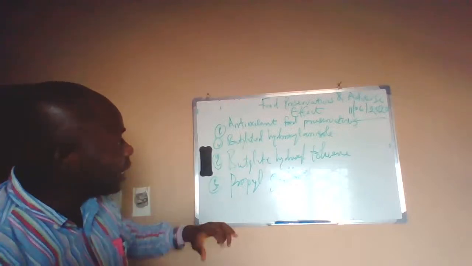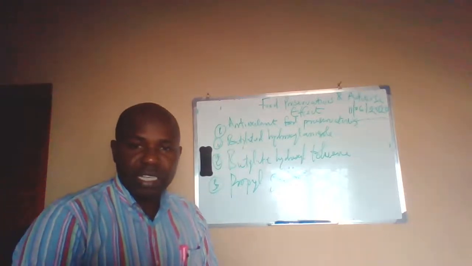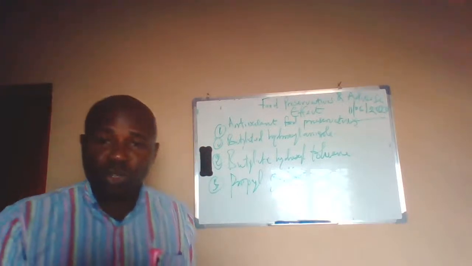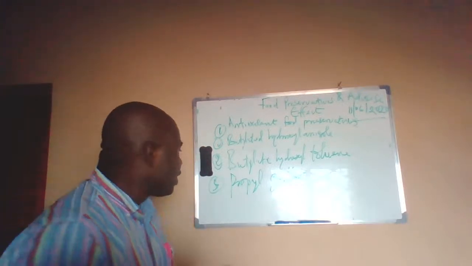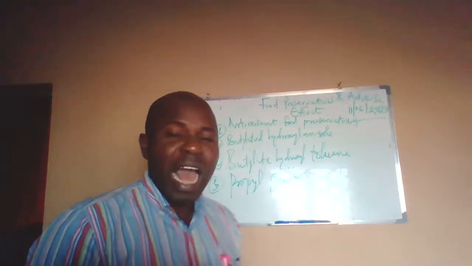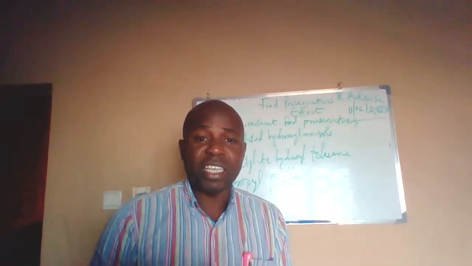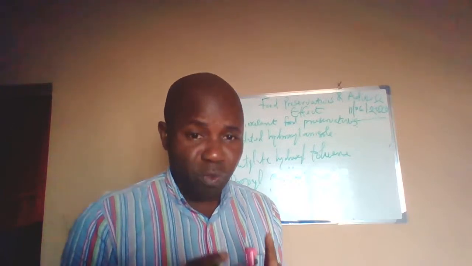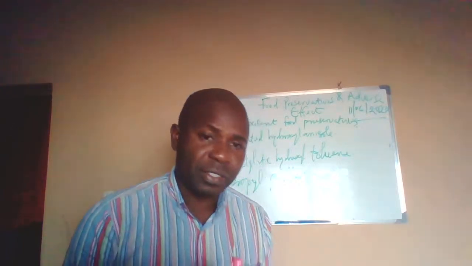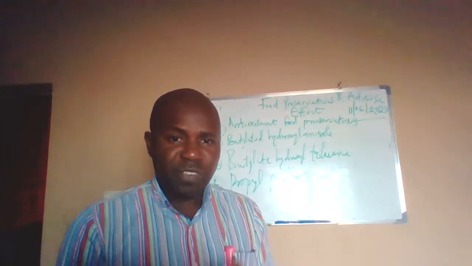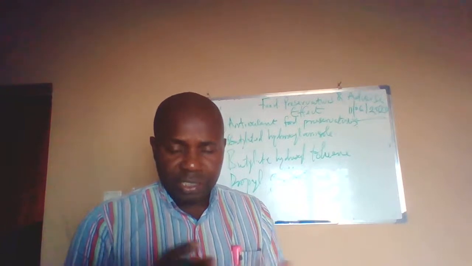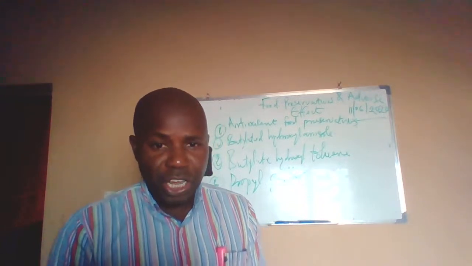We said they include butylated hydroxyanisole, butylated hydroxytoluene, and propyl gallates. All of these are antioxidants. They prevent oxidation, and that is one of the reasons they are called antioxidants. They prevent the oxidative process, which leads to fat decomposition and peroxidation.